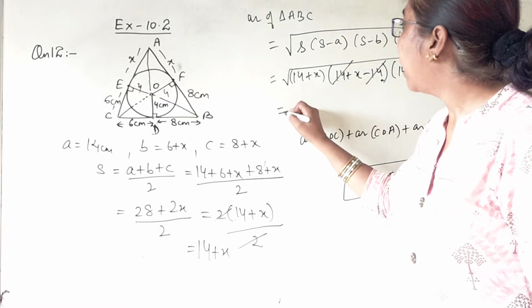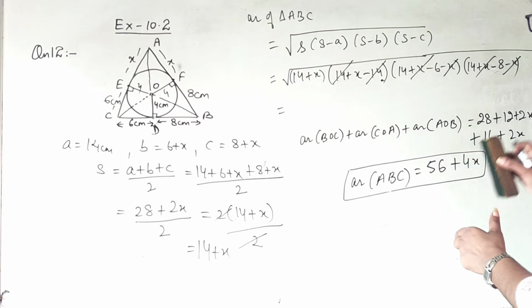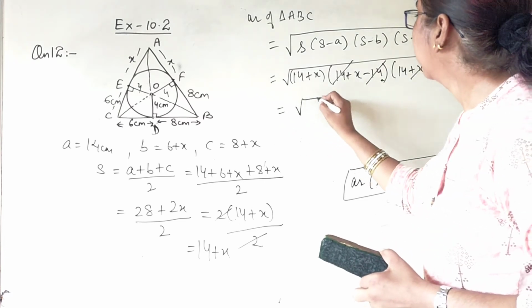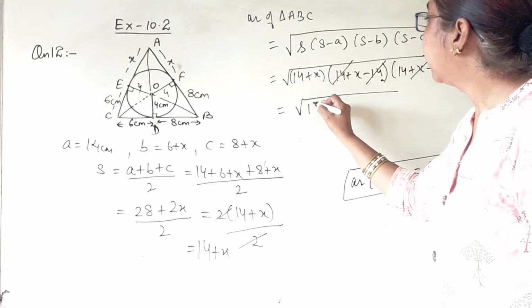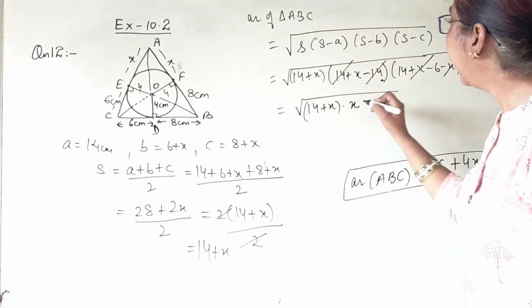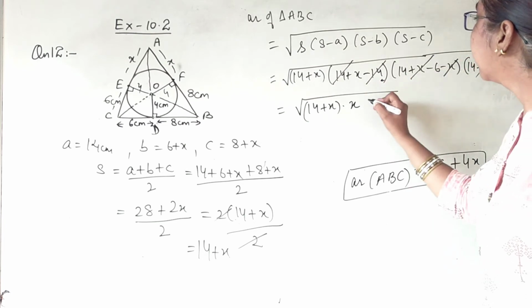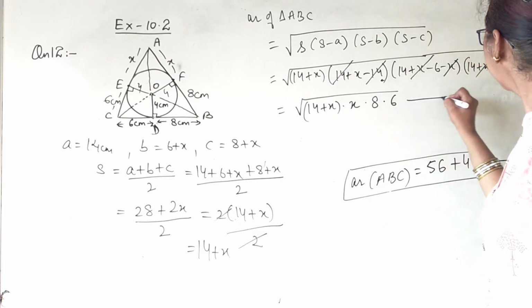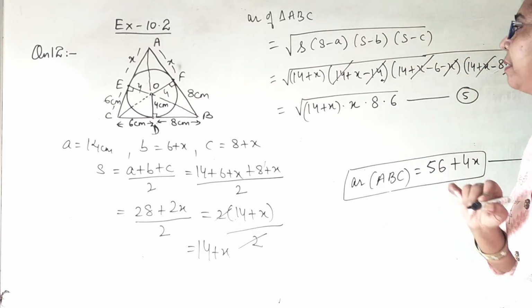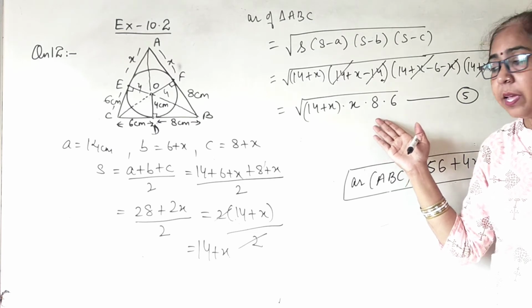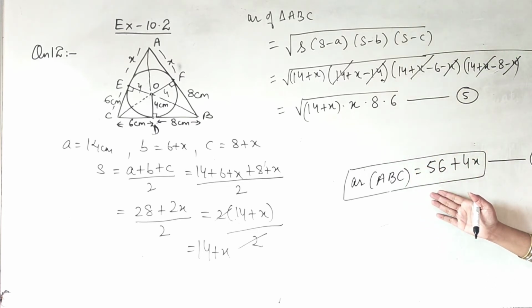So ultimately I am left with 14 plus x into x into 14 minus 6 is 8 and 14 minus 8 is 6. This is equation number 5. Right. So this is the area of triangle ABC by Heron's formula. The other one we have already found earlier.